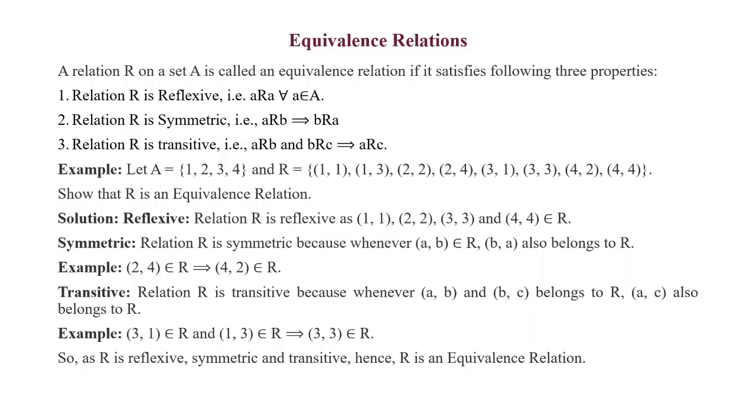So we know reflexive means whatever elements belong to the set A, all the elements are related to themselves in the relation, and we can say it is a reflexive relation.